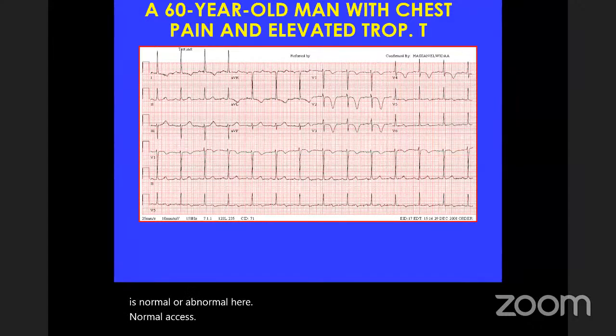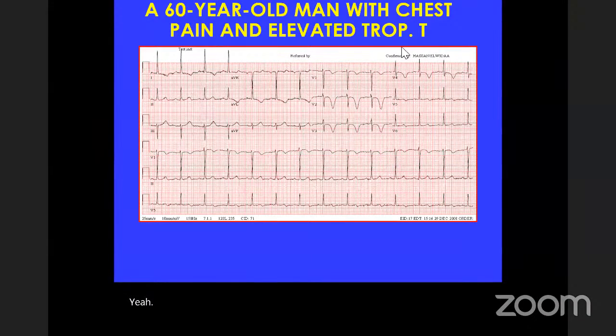Any other abnormalities you could see in this ECG? I think there is a T inversion, at least in V2, V3.